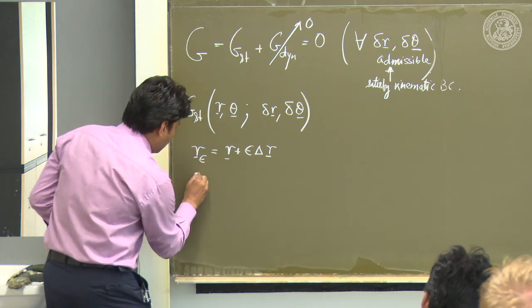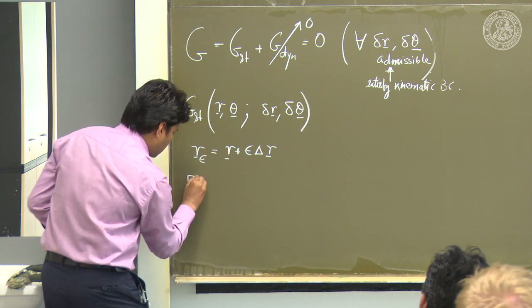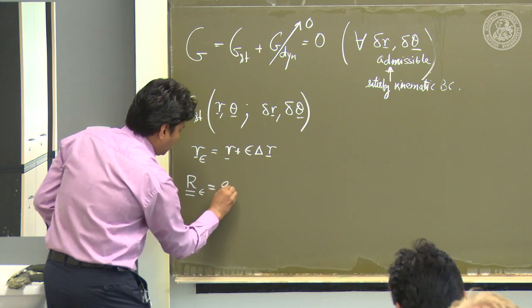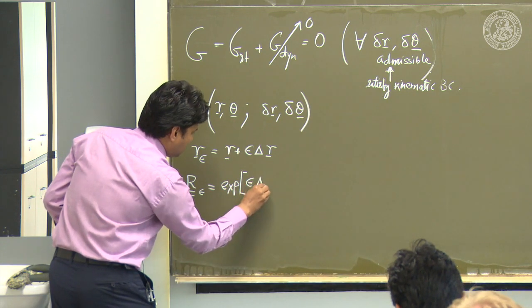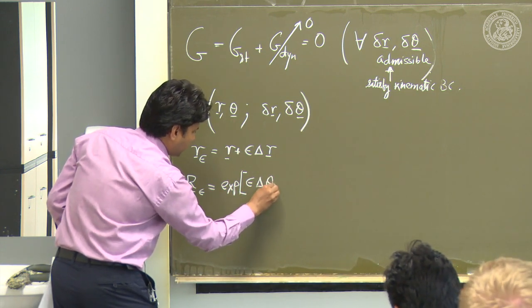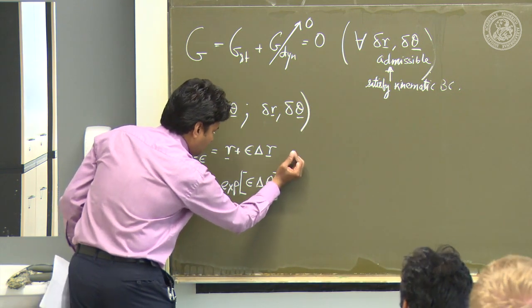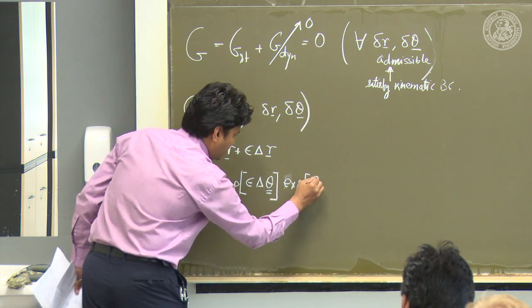And similarly for your theta, so your rotation tensor big R epsilon is equal to exponential of epsilon delta theta times big R, which is simply exponential of theta.